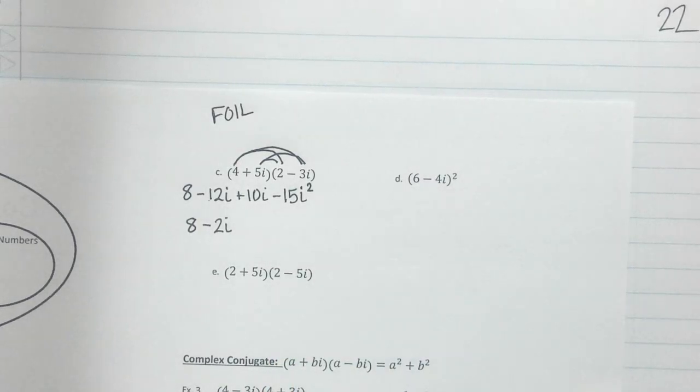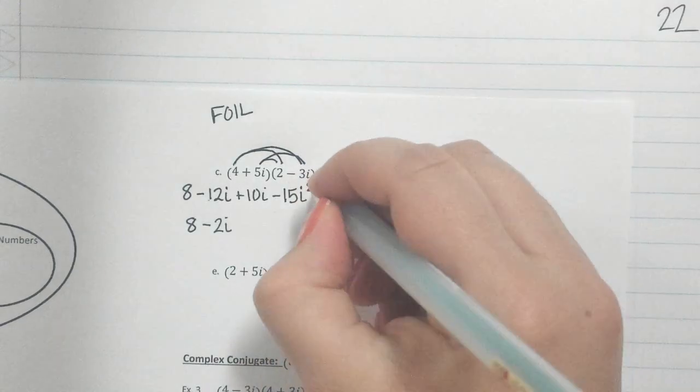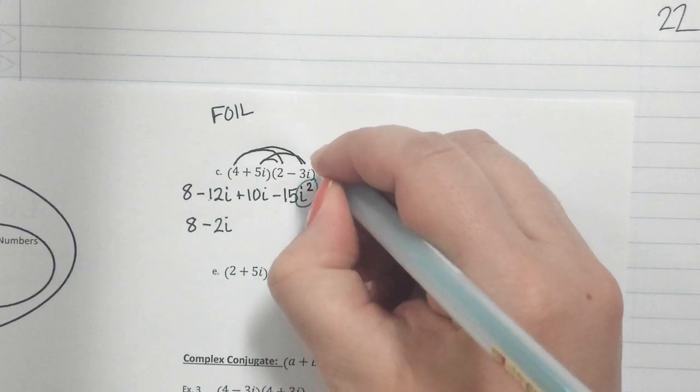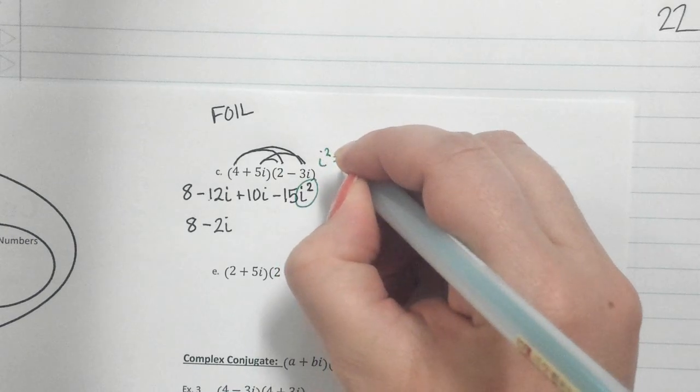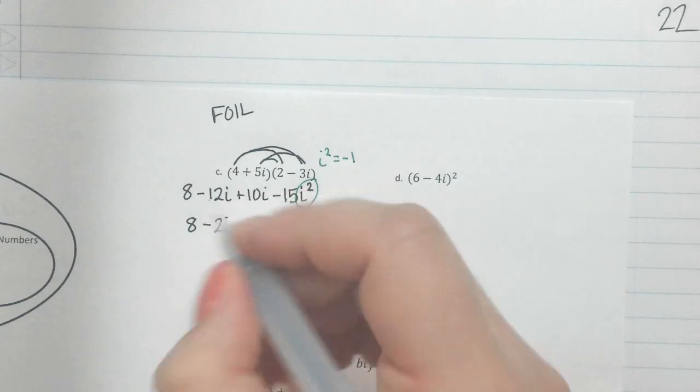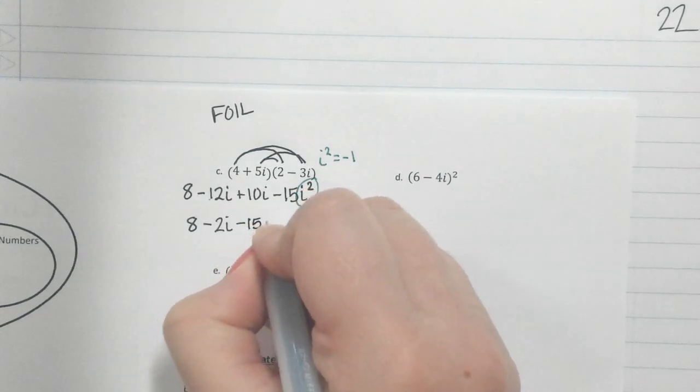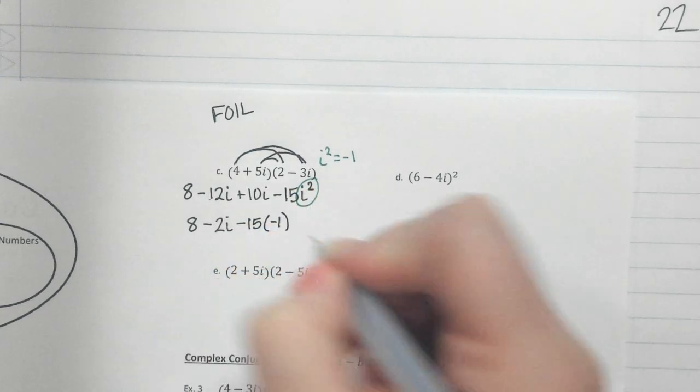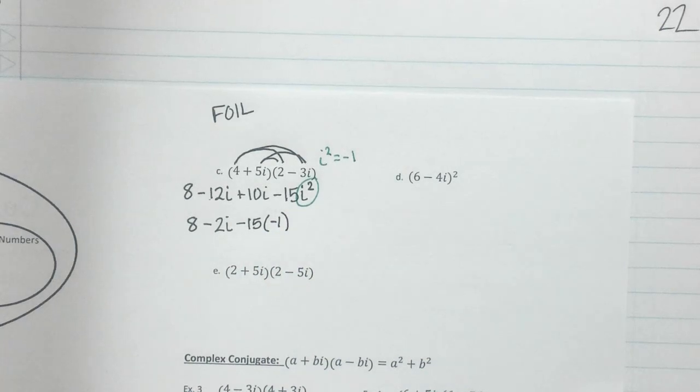Remember from the beginning that we know what i squared is. i squared equals negative 1. So that's really going to say minus 15 times negative 1. Which is 15, right? So it's a real number.